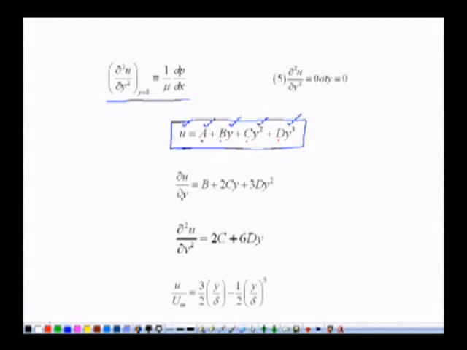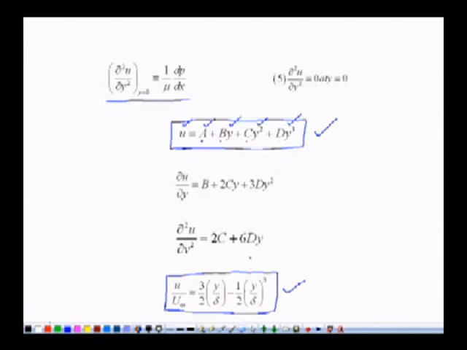Applying them, we get 4 equations, and by solving those we get the values of a, b, c, and d. Substituting them in the profile equation, we get u over u infinity equal to 3 by 2 y over delta minus 1 over 2 y over delta cubed. Now we have the velocity profile for these boundary conditions.